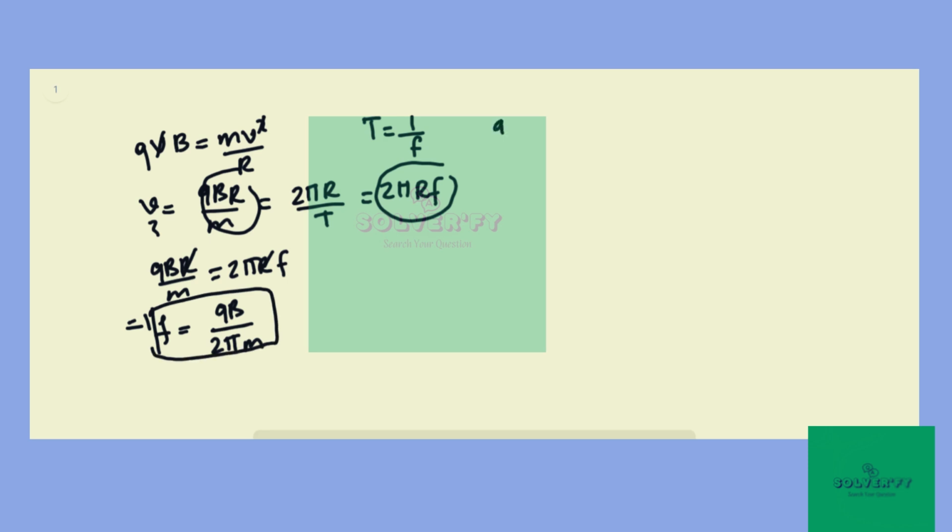In part A, we're asked to calculate q over m. Let's isolate q over m out of this equation. It's going to be 2 pi f over B. So the frequency over magnetic field is basically your slope that is given to you. For me, I calculated the slope based on one data point.